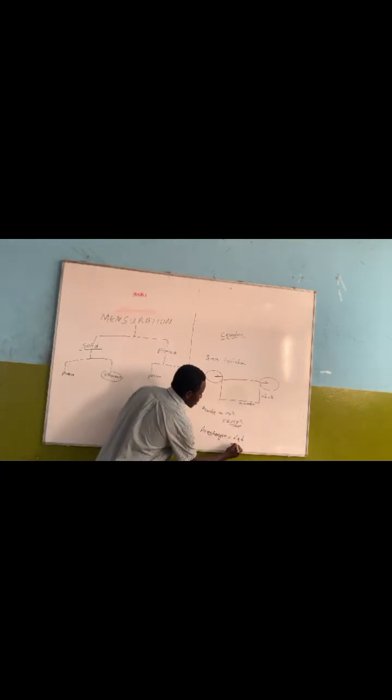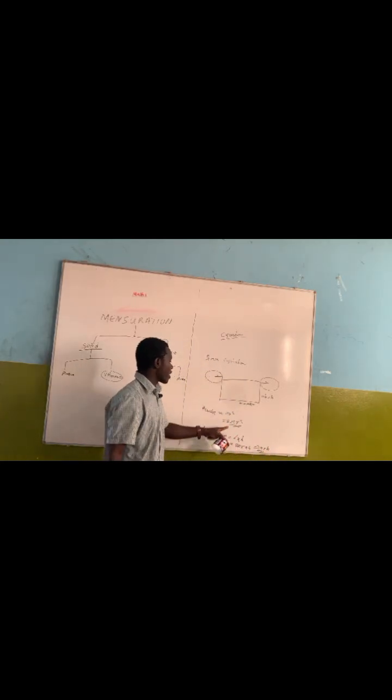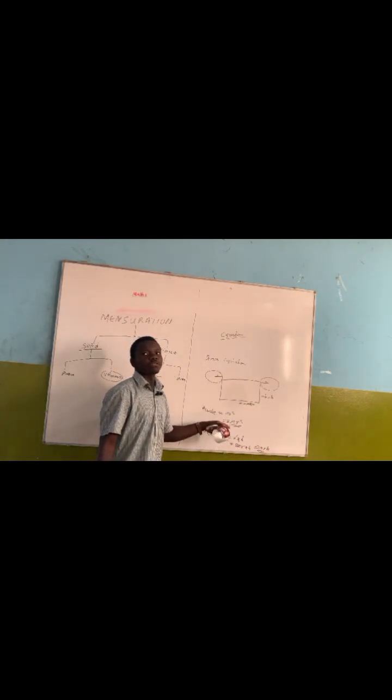So I can just write 2 pi r times the height. So that gives us now 2 pi r h. So this is the area of the rectangle, while this one is the area of the circle.